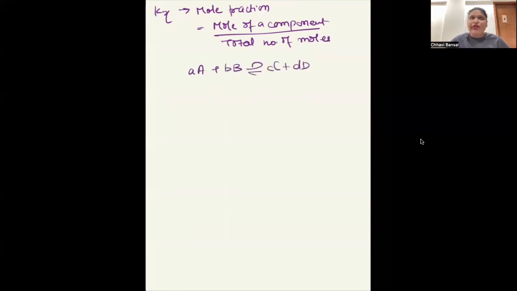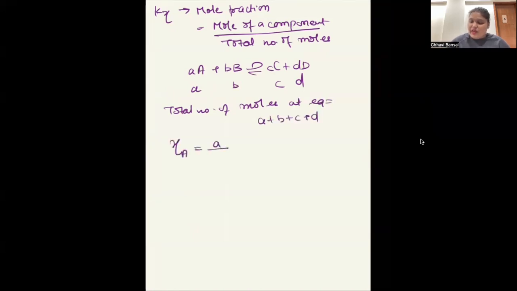The number of moles at equilibrium, let's assume, are a, b, c, and d. So the total number of moles at equilibrium will be equal to a plus b plus c plus d. So the mole fraction of A will be a divided by a plus b plus c plus d.